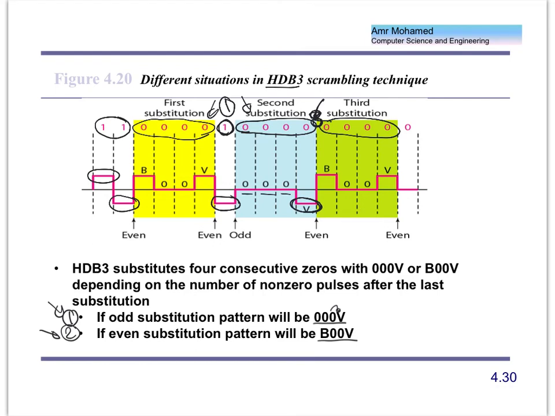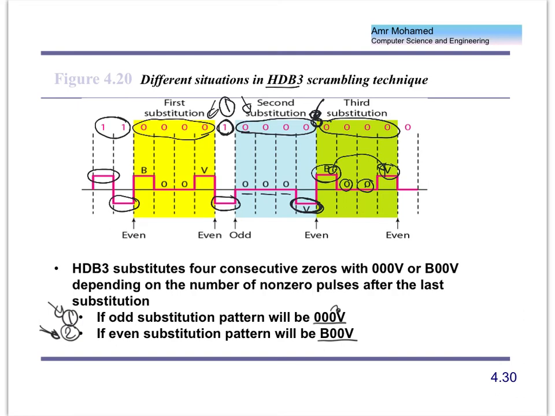So the number of ones between the second substitution and the third substitution is actually 0. For us, of course, 0 is even. So we trigger the second case and we do B 0 0 V. B here means that we go opposite to the last voltage level, which in that case was negative, so we put it positive, and then we put 0 0 and then violate, which means that the voltage level will be exactly the same as the previous non-zero voltage.